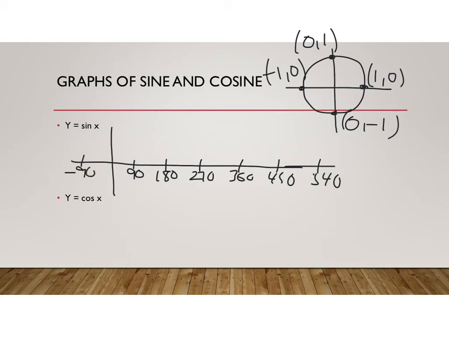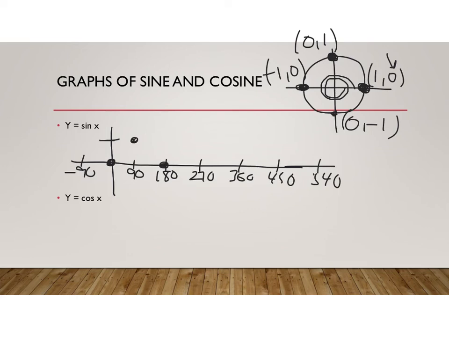So basically we're rotating around this circle, and we keep rotating. So the sine of 0 degrees right here is the y coordinate. That would be 0. The sine of 90 degrees is right here, that y-coordinate is a positive 1. Sine of 180 is 0.